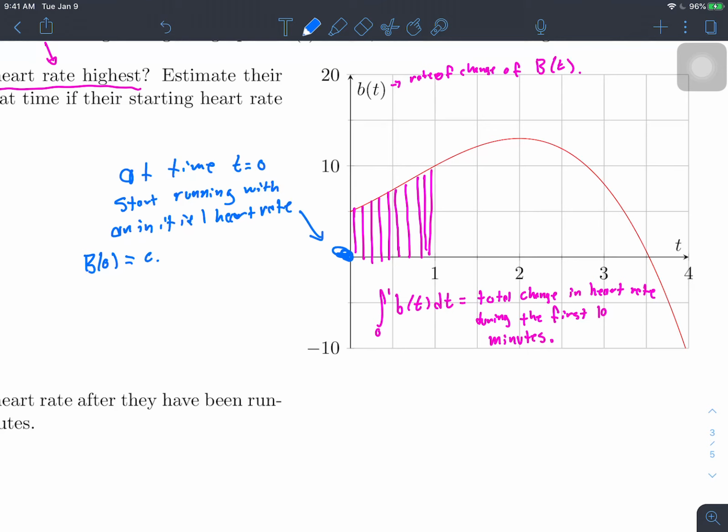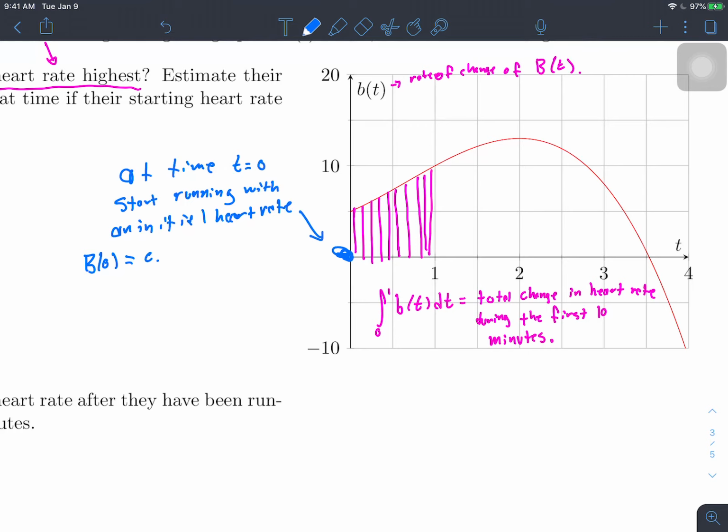Maybe they're in relatively good shape, their resting heart rate's like 50 beats per minute or something like that. So they start running at that time with a certain heart rate, and the area which we accumulate as time moves forward represents the increase or decrease in heart rate of the runner.